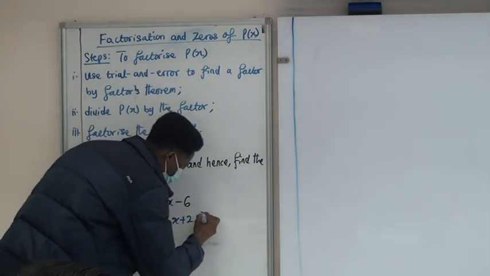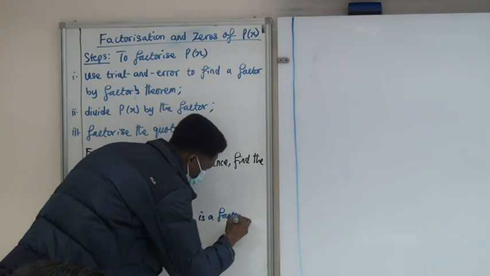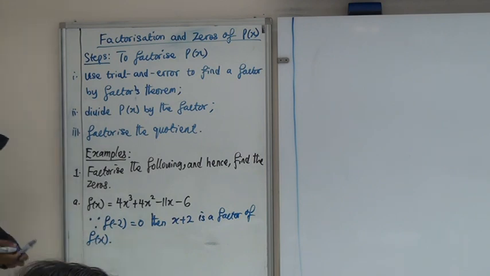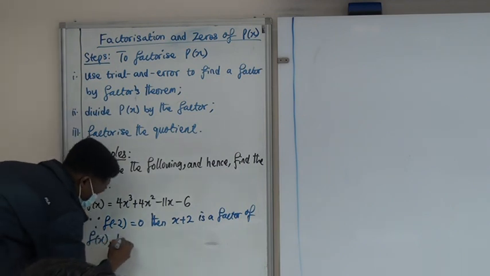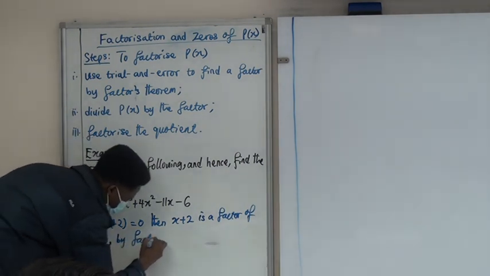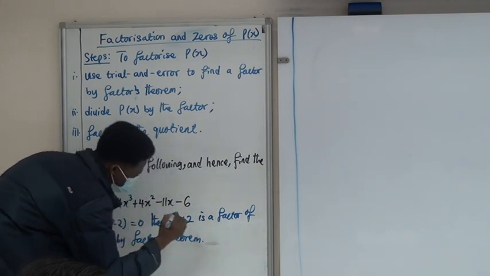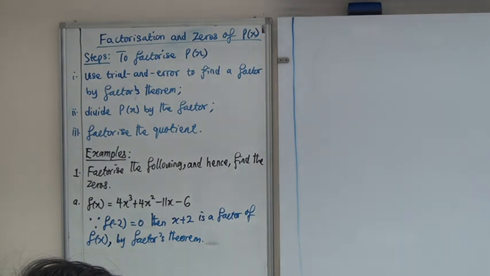Then x plus 2 is a factor of f of x. Any question? This is by factors theorem. You may even have that. Understand? Okay, shall I go on, or do you understand?